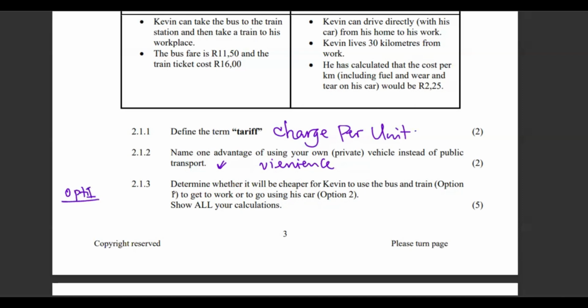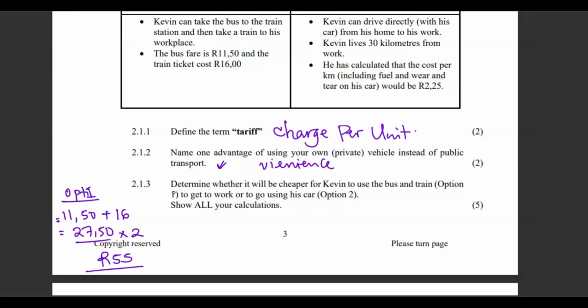For the bus, he has to take 11 rands 50 cents, plus the train, which is 16. So all in all, you have 27 rands 50 cents. But remember, he has to go and come back. In other words, this is 55 rands. Option 1, he's going to spend 55 rands.